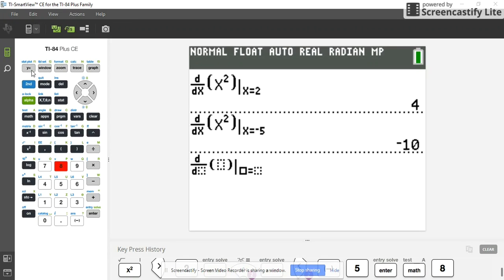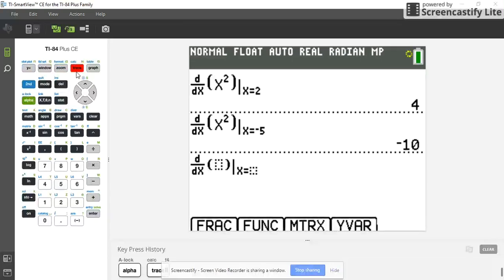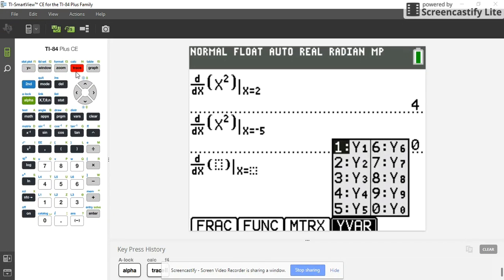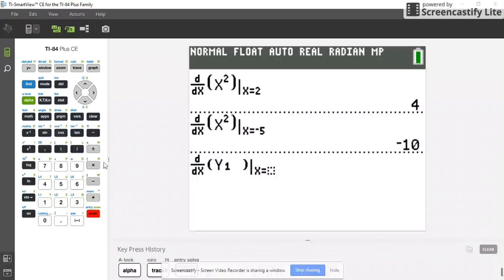Now, remember before I entered y1 as x squared. So I can do the derivative with respect to x, and I can bring up my y variable. And again, to get the y variable, we hit the alpha button and then the trace button, and we see all 10 of our y variables. Remember, I put x squared into y1, so I'm going to hit enter so that y1 appears on the screen.